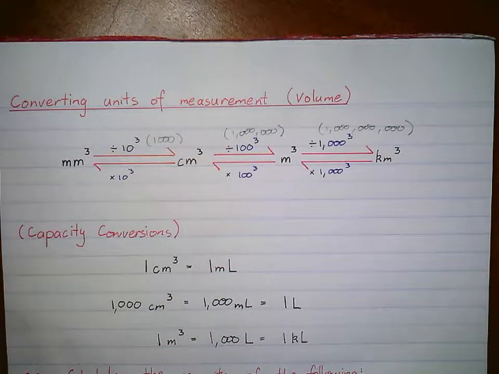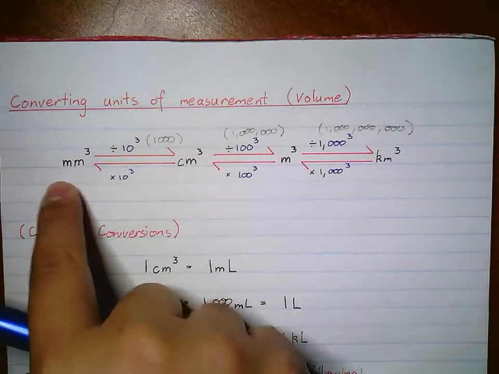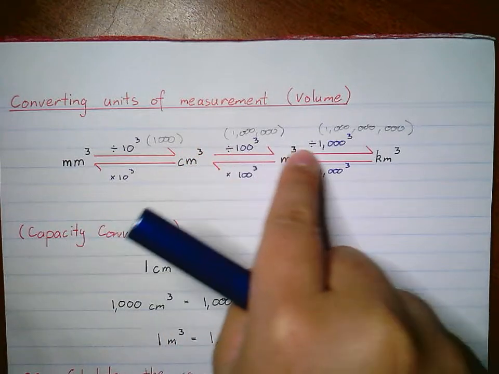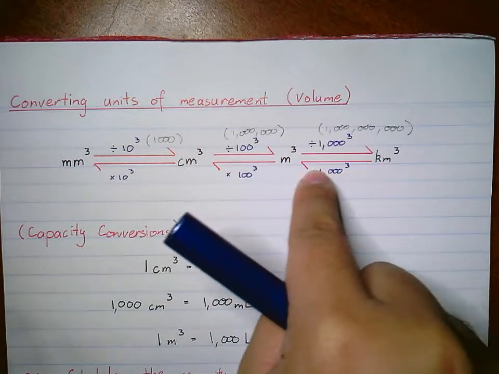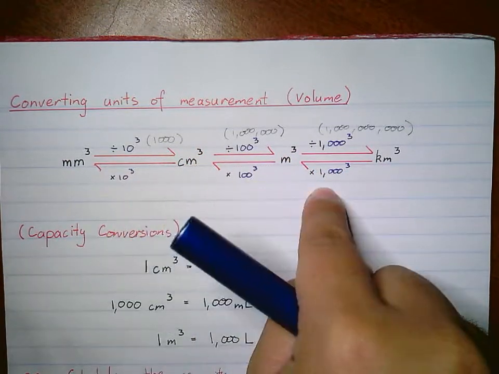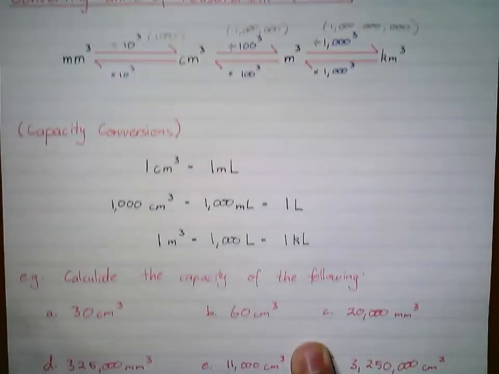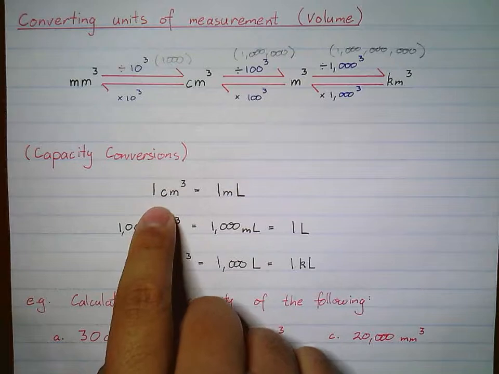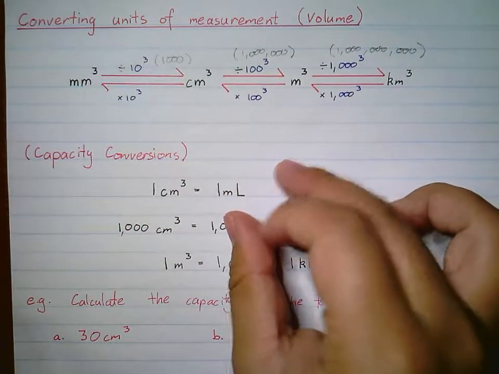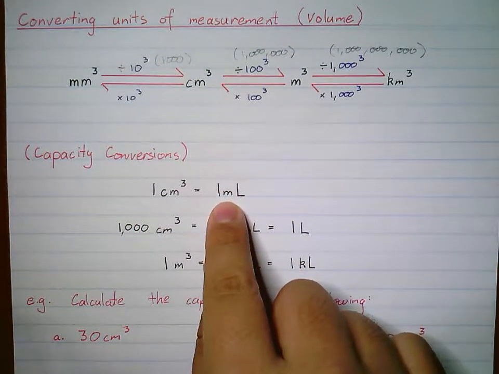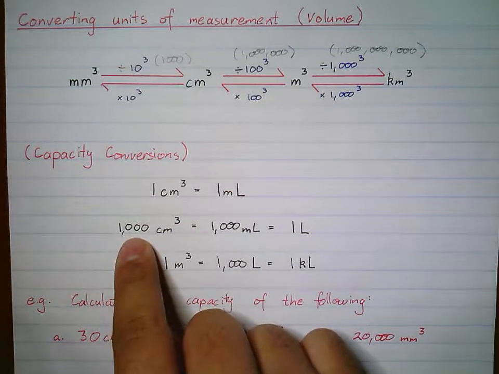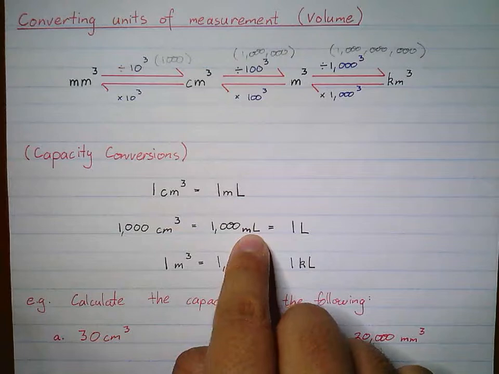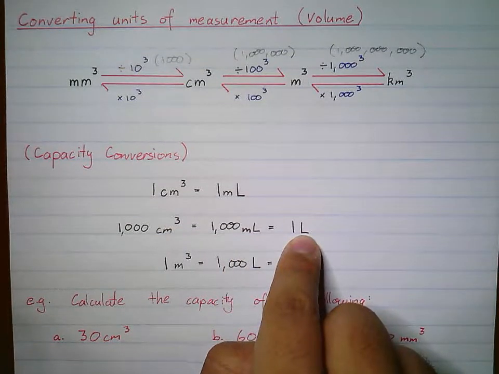And once again, going from the smaller units to the larger units, we divide, and going from the larger units to the smaller units, we multiply. There's an extra bit that we should remember here. 1 centimeter cubed can contain 1 mil, which also means that 1,000 centimeter cubed is 1,000 mil, which is 1 liter.